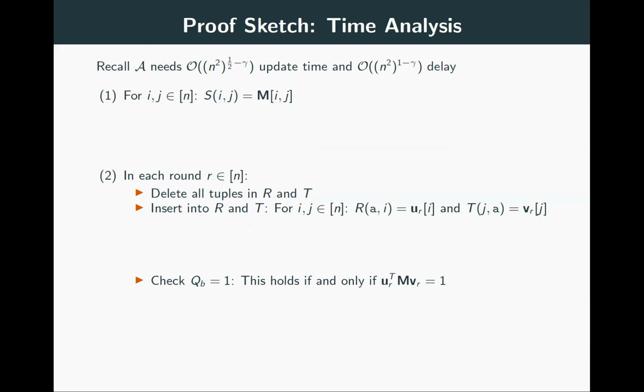Okay, so now let's do the analysis and see what happens. Our claim is that there is such an algorithm that can meet this update time and this delay. This is the size of the database I just mentioned, small n squared, and I claim that I can do it with time N to the power of 1/2 minus gamma.